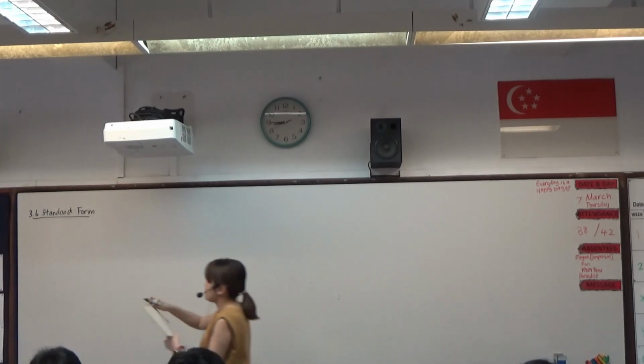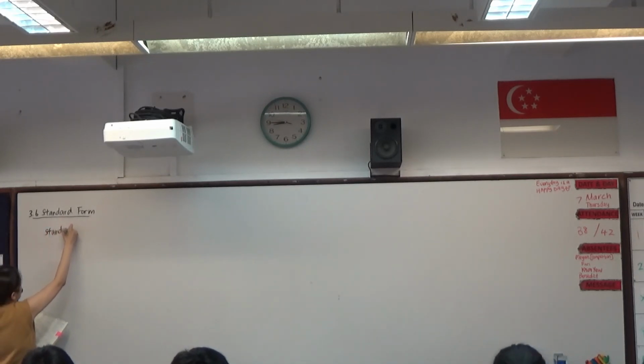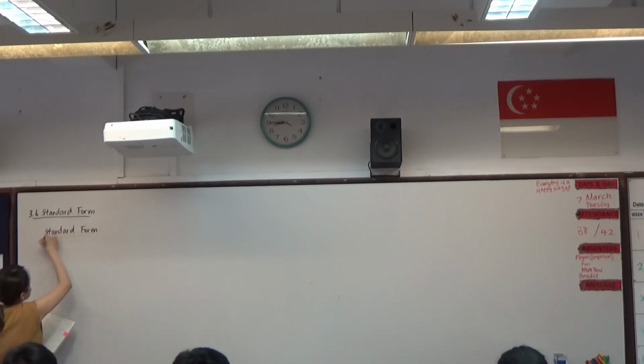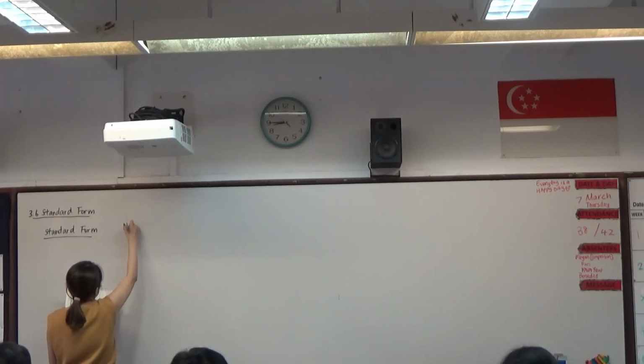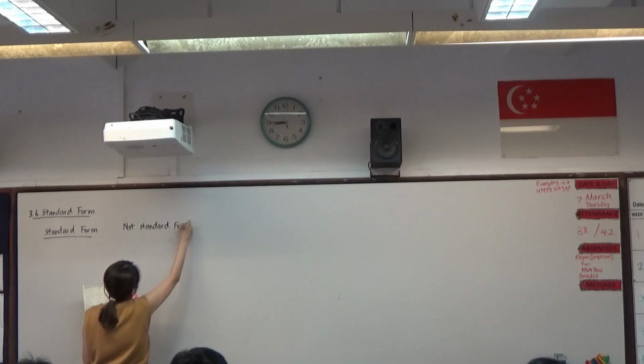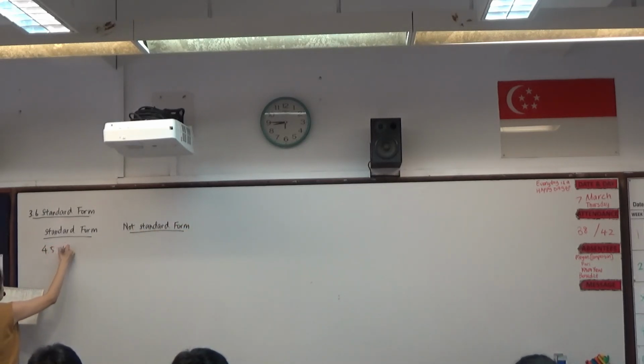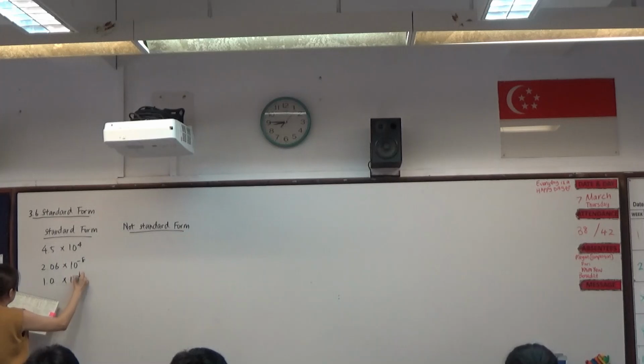Now, before that, we are going to know what exactly is standard form. I'm going to show you a set of numbers of what is considered standard form and what is not considered standard form. And then you tell me by observation what constitutes standard form.